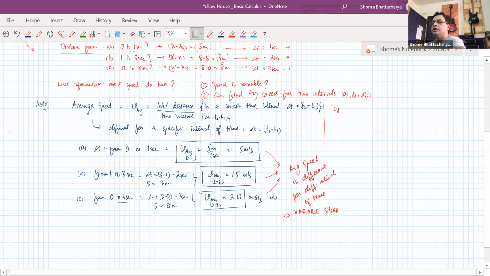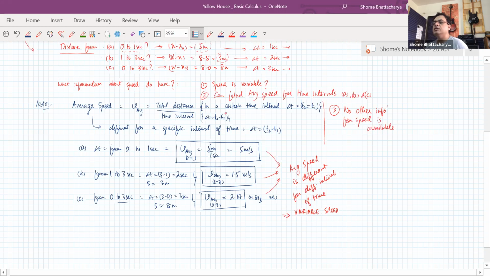We don't have information about anything else as far as speed is concerned. So no other information for speed is available.